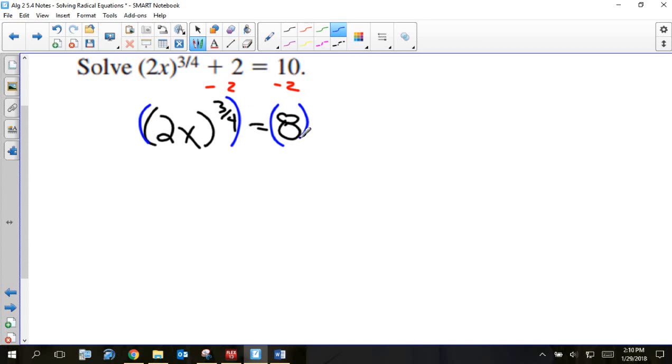What do I multiply 3/4 by that equals 1? 4/3, the reciprocal. If you multiply reciprocals together, they equal 1. So if I do it to one side, I have to do it to the other side. So we're raising both sides to the 4/3 power, so we get 2x to the first power, basically.